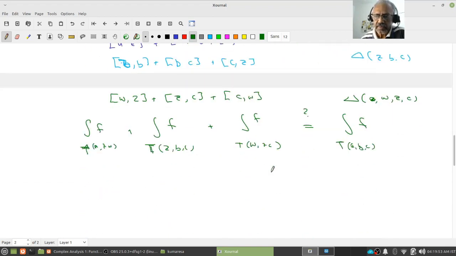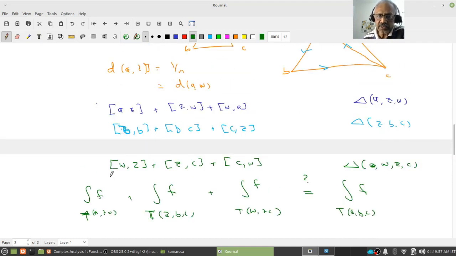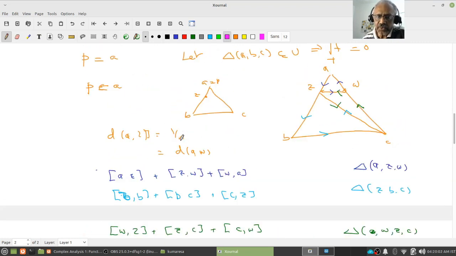Okay, right. Now let's do that. That's very clear because you just have to pay attention. Let's look at the picture I already showed you. Let us look at, for example, the path ZW. This is part of this. ZW goes this way for this triangle, whereas it goes the other way around, W to Z, for this triangle.